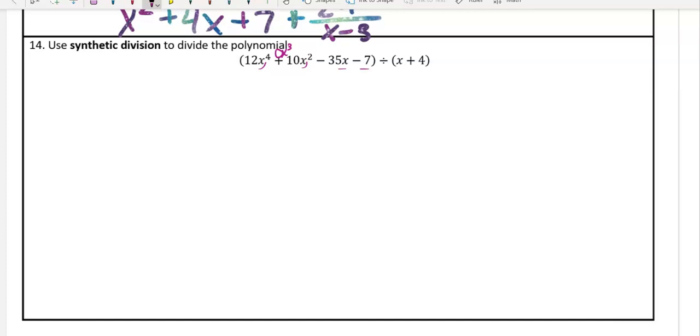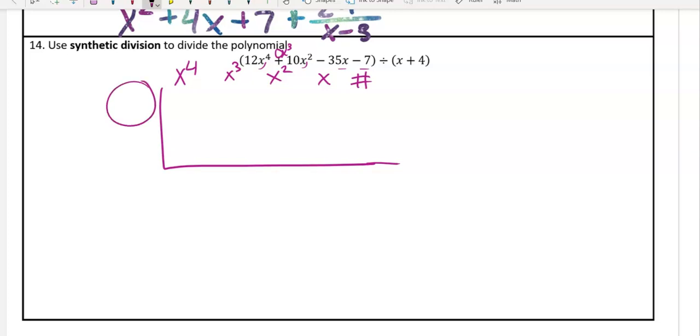So getting started with our setup, we will do our little L. And let's go ahead and do x to the 4, x to the 3, x to the 2, x, and our constant. Now, for the number that goes on the outside here, again, we just look at the number that we're dividing by and we're changing it.